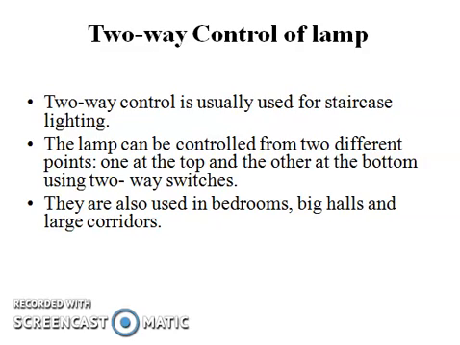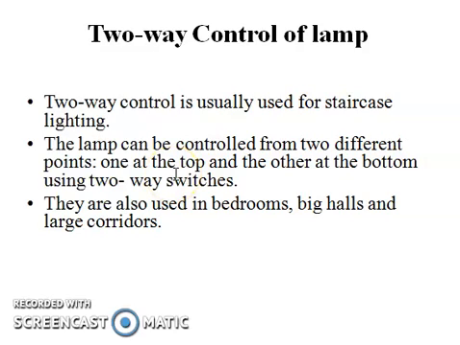Let us study what we mean by two-way control of a lamp. The two-way control is usually used for staircase lighting. As I just told, a single lamp is controlled by two different points, one at the top and another at the bottom.